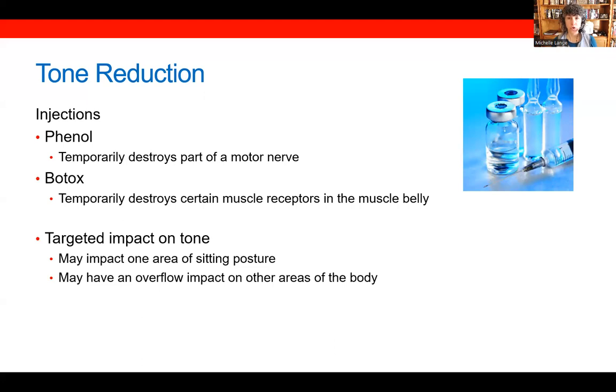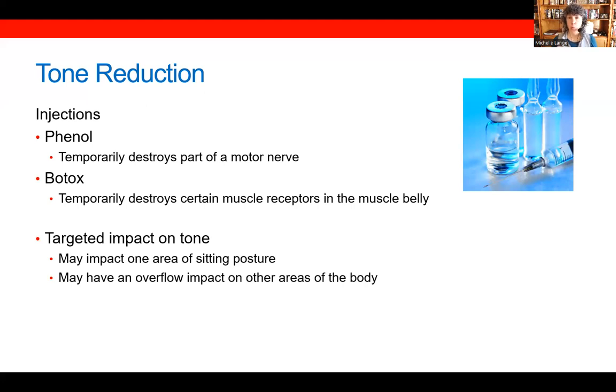and then the client will get perhaps more injections. Now, with Botox, there's only so much that can be injected into a person depending on their size. So, particularly for someone who's smaller, it's important that the team decide what muscles are the priority right now. Now, this has a targeted impact.